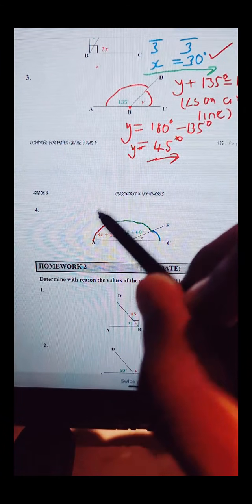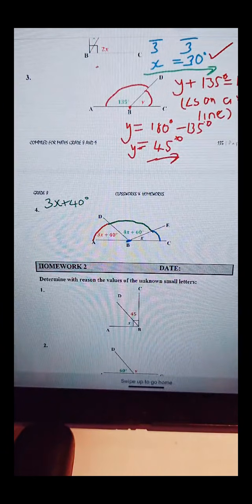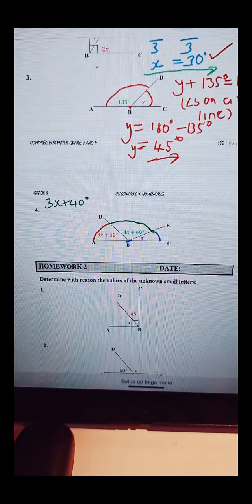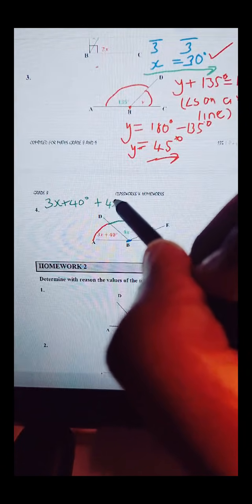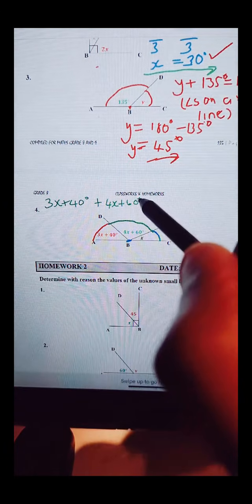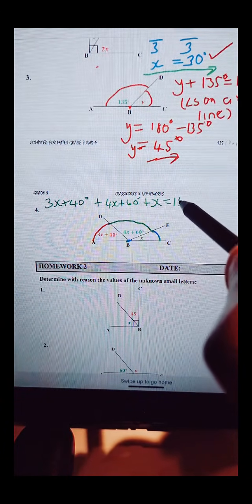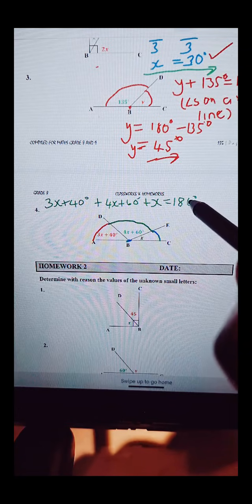Okay, let's start it all over. 3x plus 40 degrees. No, not angles around a point, really. Be very careful. Plus 4x plus 60 degrees plus x is equal to 180.